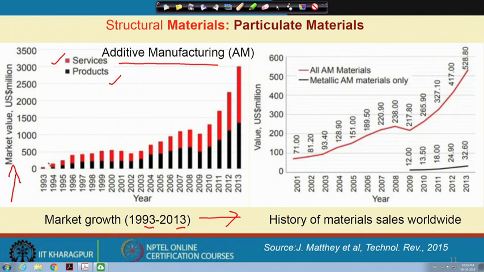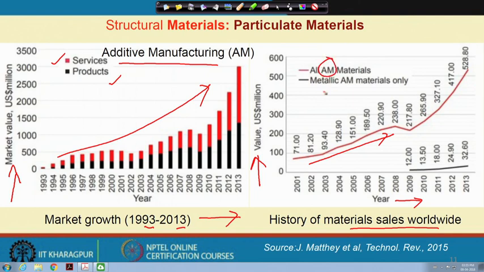And one can see an exponential growth of the market of these particulate materials for structural purposes. A very similar scenario is seen in the value in US $1,000,000 with the year, the history of material sales worldwide using these additive manufacturing techniques. And metallic materials are still very few compared to other kinds of materials, meaning ceramic or polymer.